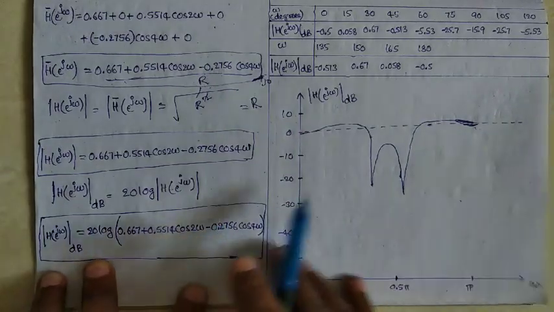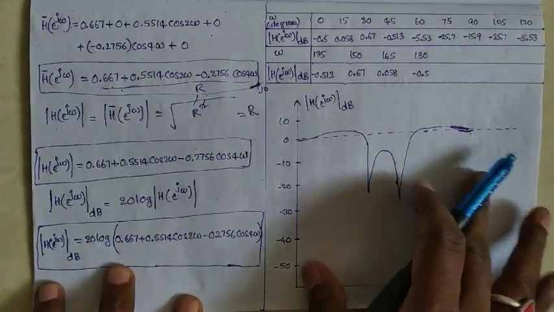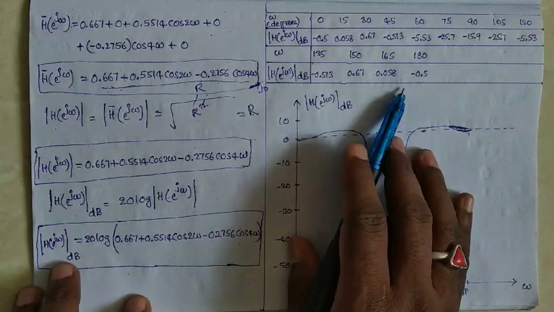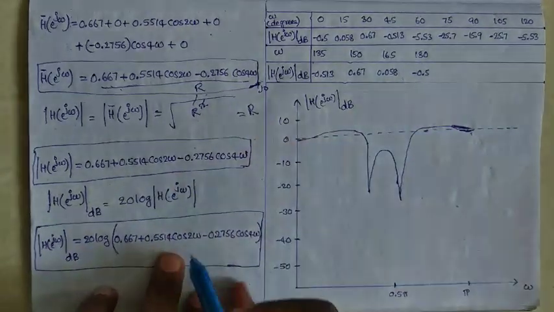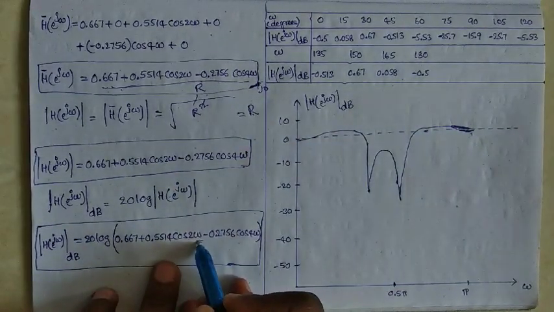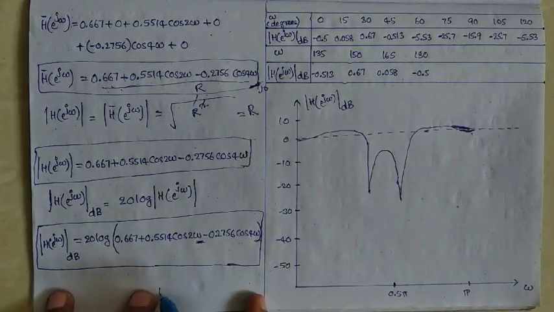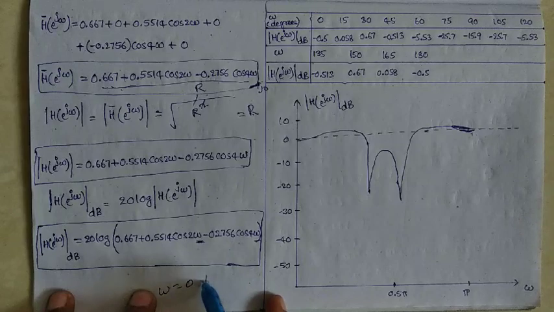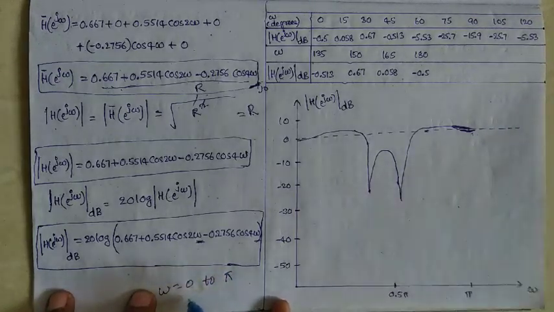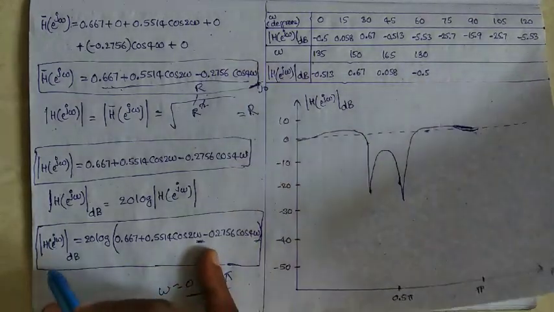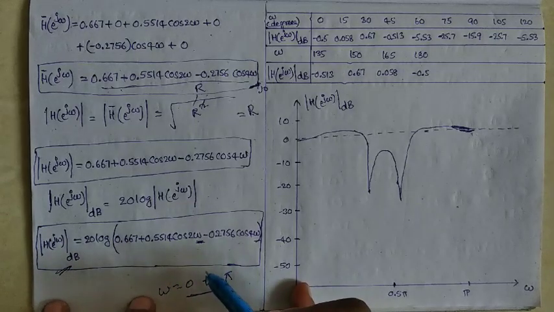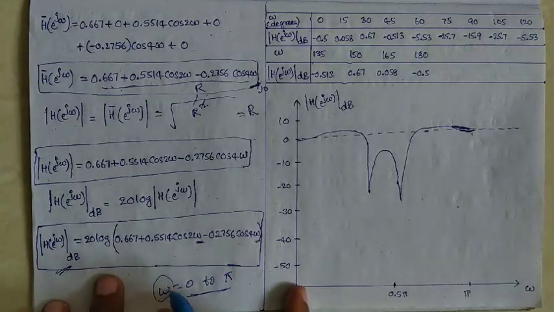Now we are determining the decibel magnitude by varying the frequency omega. We are varying omega from 0 to pi, and in this interval we are determining the decibel magnitude. I am taking omega in degrees.